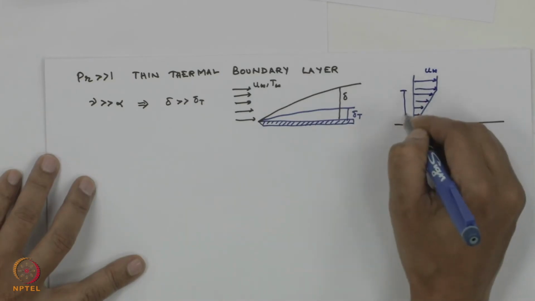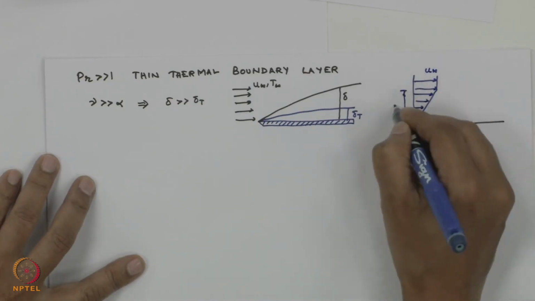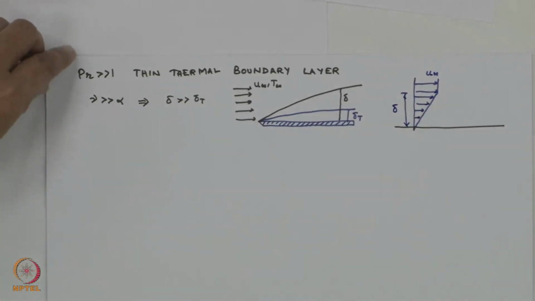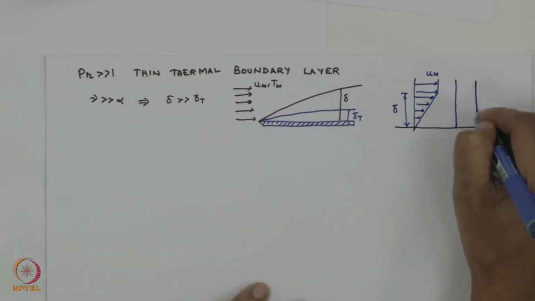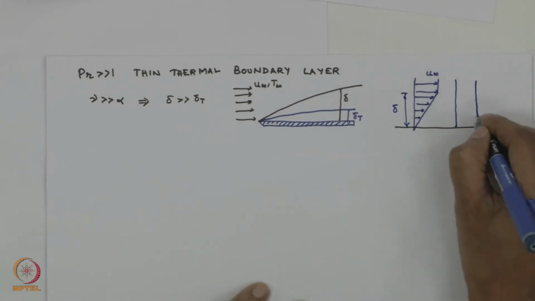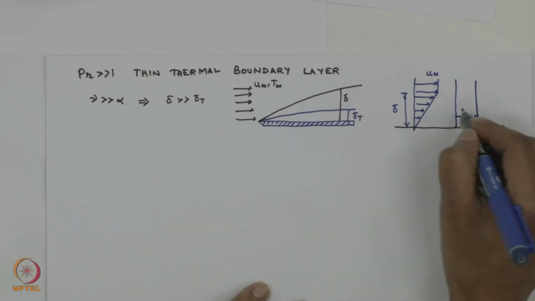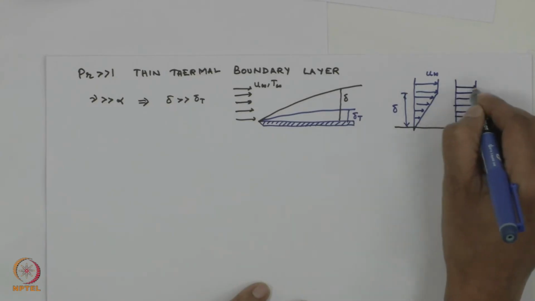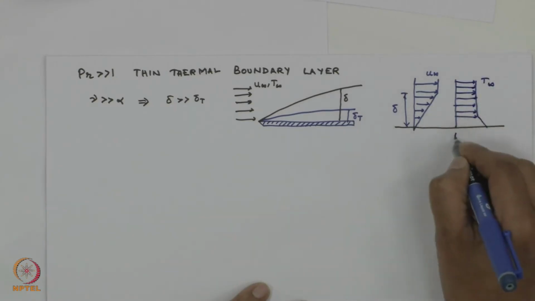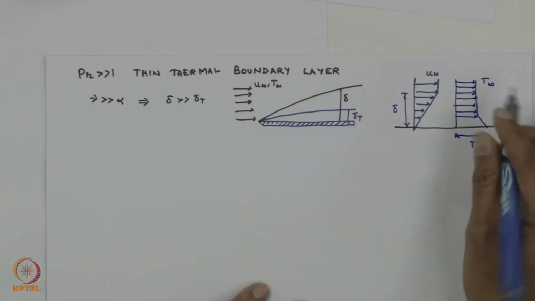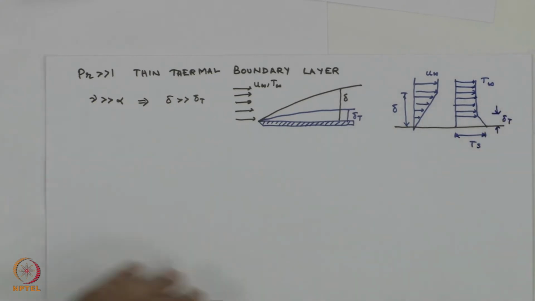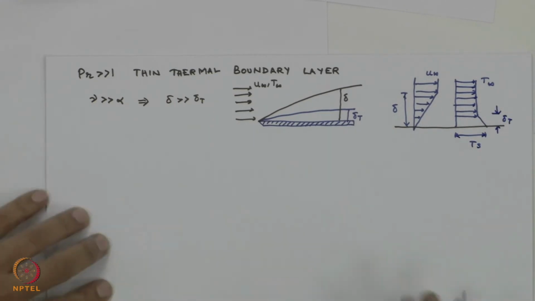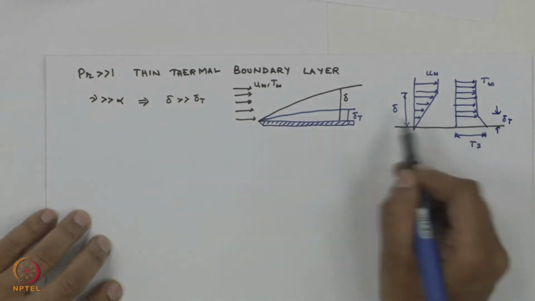So this thickness is my hydrodynamic boundary layer thickness delta. Okay. So now you have a very small thermal boundary layer thickness. This is T infinity and this is my Ts and this is my thermal boundary layer thickness delta T. As you can see, delta is greater than delta T.